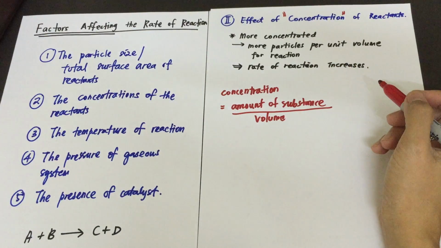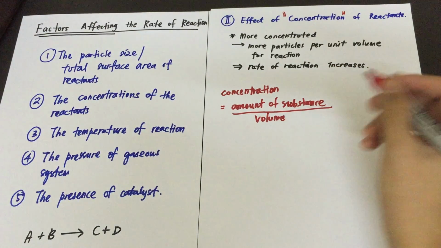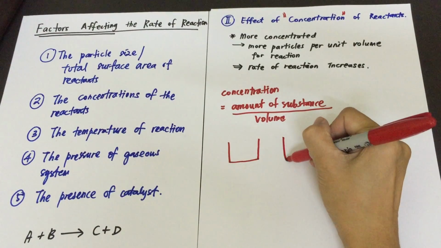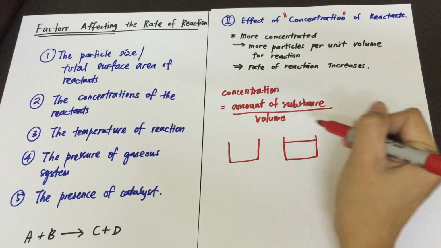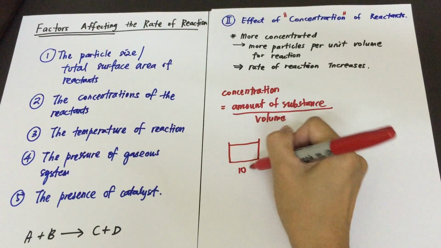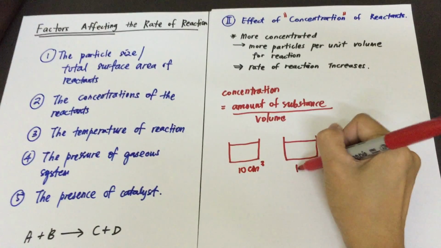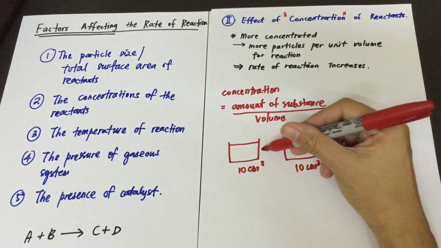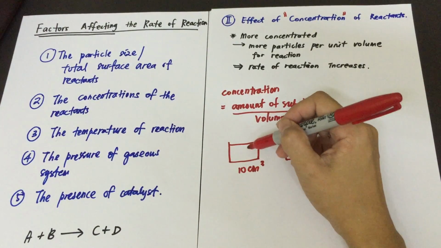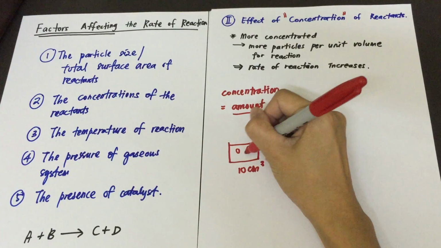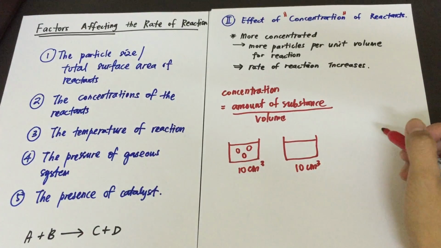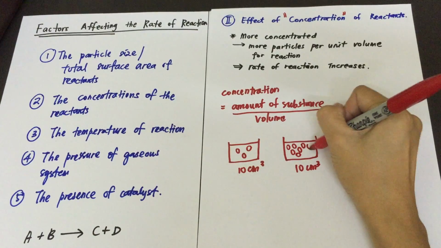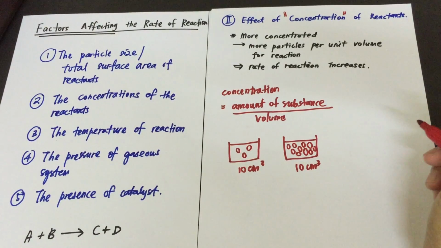To take a very simple illustration, let's say we have two different beakers holding the same solution of 10 centimeter cube. That means the volume of the two beakers is the same, and the amount of substance in the first beaker is, let's say, only 3, but the amount of substance in the second beaker is 10.